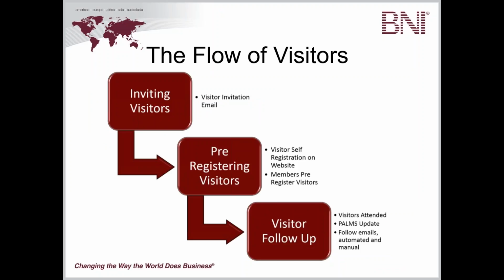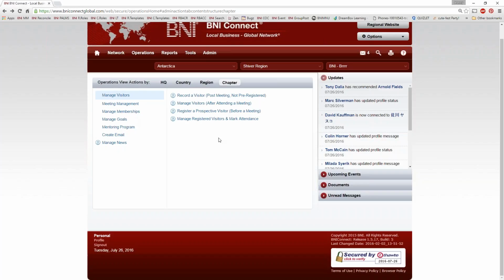Then the pre-registration process, either the visitor can pre-register themselves, which I just showed you right from the email, RSVP link, boom, they've registered, they get the emails ready to go, or you can pre-register the visitors. Now there's 2 ways that you can register a visitor. First of all, if you go back to the operations menu, under Manage Visitors, you should see, and it's probably the only thing that you'll see unless you're a visitor host, register a prospective visitor before a meeting.